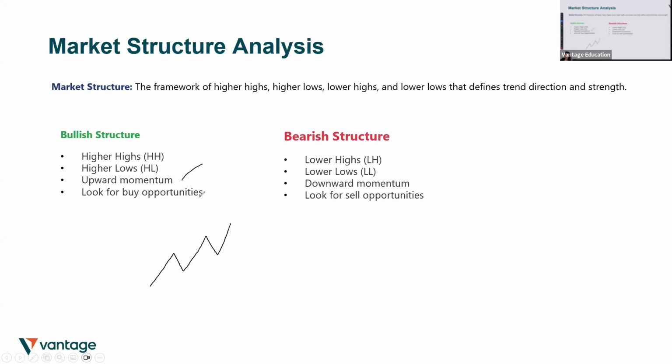We know that is upward momentum, the bullish trend. So you look for a buy opportunity when price pulls back, and then you buy. But in bearish structure, price makes lower high, lower low, lower high, lower low. You know that is the downward momentum of the bearish trend. You look to sell when price pulls back, and then you sell.